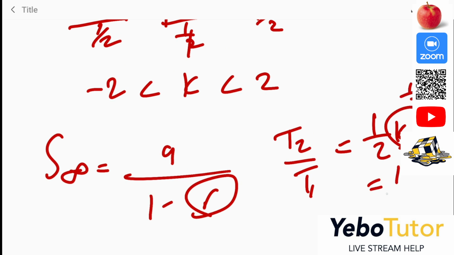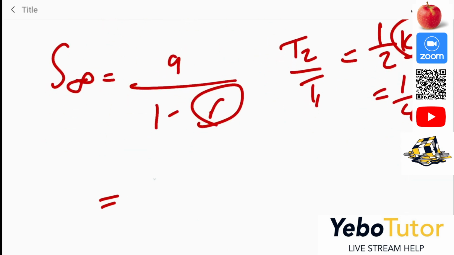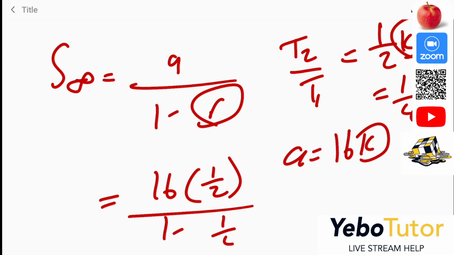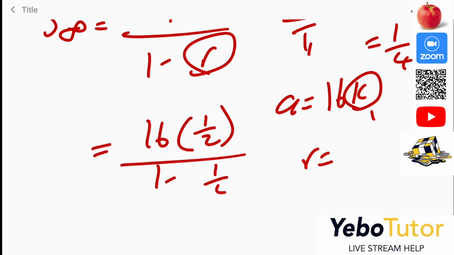Then we now have 1 over 4. That will give us 16 times 1 over 2 divided by 1 minus 1 over 4, because we are given that a was equal to 16k and our k is 1 over 2, so we substitute there. Again on the position of k in r we substitute the value of k. Easy stuff. Then you get your answer. Thank you.